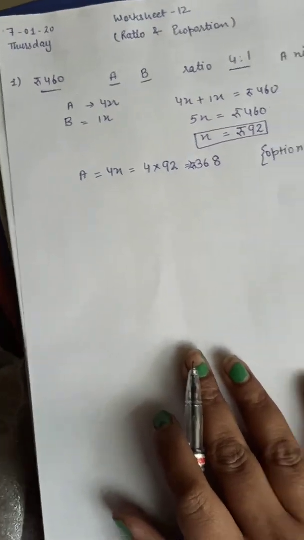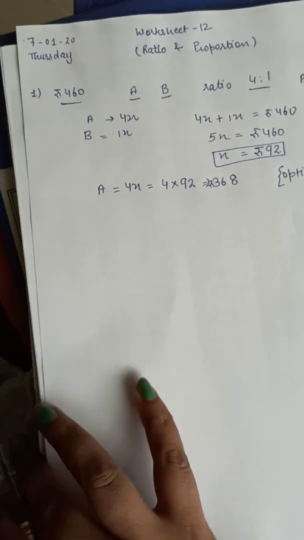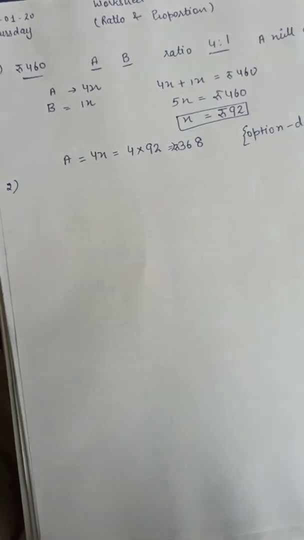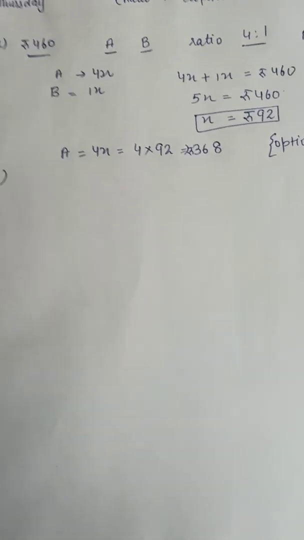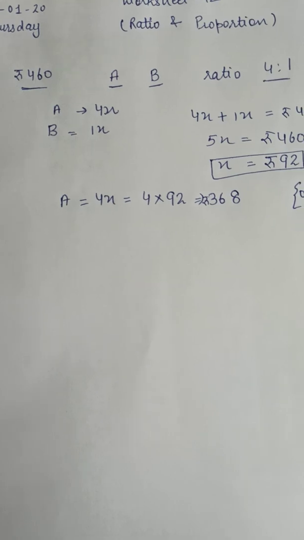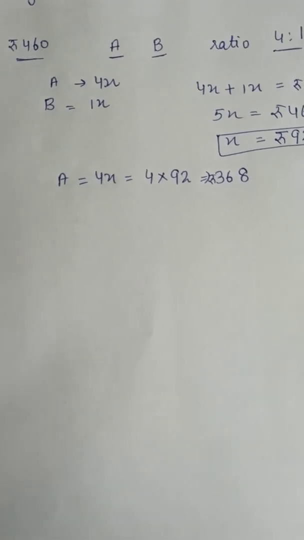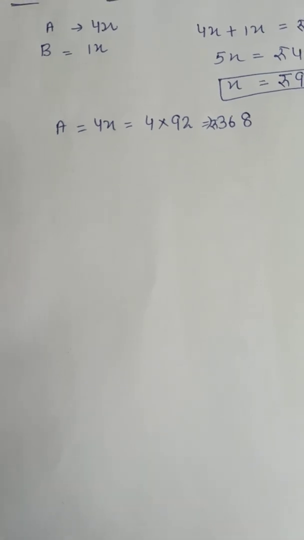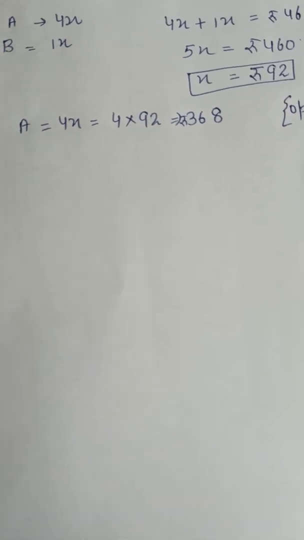Okay. Now come to the question number 2. That is, in a proportion, the product of the extreme terms equals to the product of the middle term.